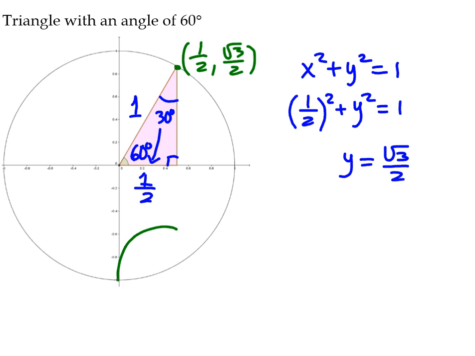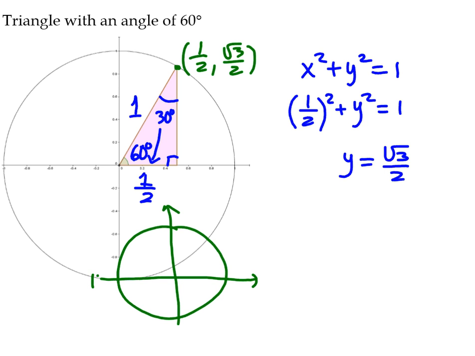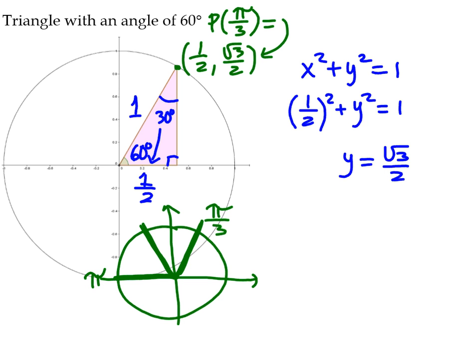And if you want to know 60 degrees, think about this is pi. 60 degrees here, so there's one here, one here, and one here. So this is the same as pi over 3. So you could say that the point at pi over 3 is equal to this. If I was asking you, for example, for sine of pi over 3, then you would go in your coordinate and take the second coordinate, that's square root of 3 over 2.